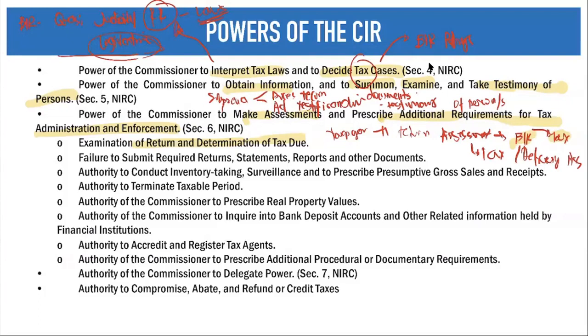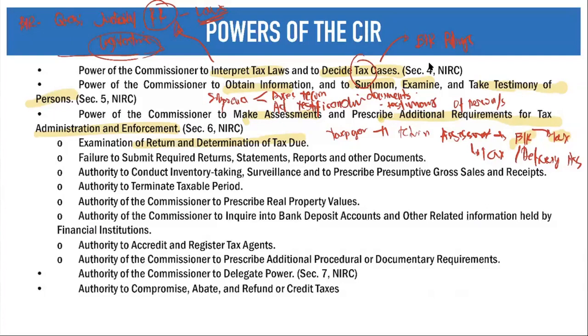We call that a tax or deficiency assessment. There will be a notice coming from the CIR or his duly authorized representative that you are lacking as to a particular tax payment. We call that notice your preliminary assessment notice.